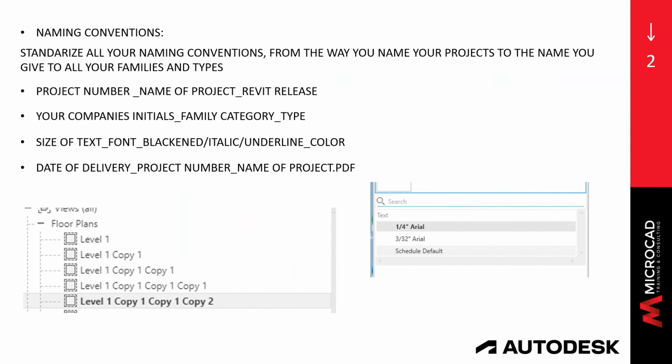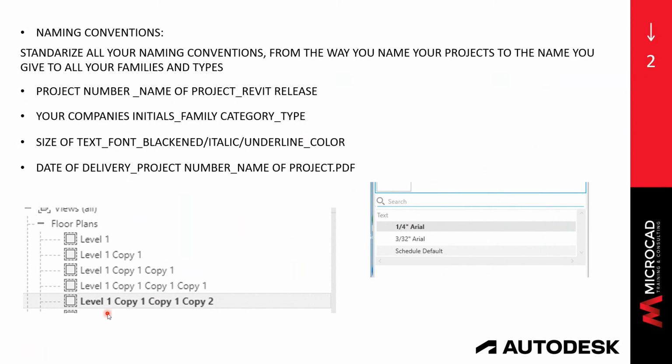So the first and foremost thing that I have a pet peeve about is naming conventions. As you can see here in my presentation, I have seen a lot of project browsers that have this situation here, where you see a Level 1 and Level 1 Copy 1 and Level 1 Copy 1 of Copy 1.